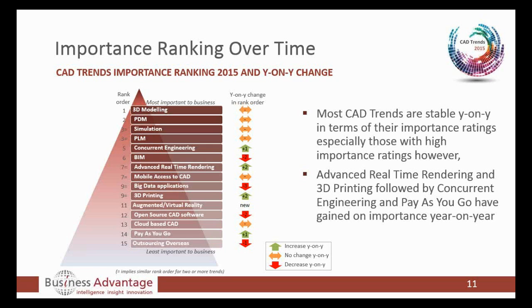But all the other trends we asked about last year, and you can see the 4 most important trends have remained the same: 3D modeling, PDM, simulation, and PLM, there is no change. You can see clearly with the up arrows and the down arrows particular trends that have reduced or increased in importance year on year.